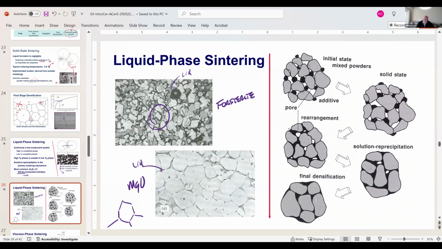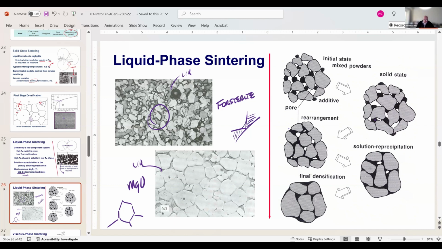So if you have a particle like this with, say, a point on it against another particle, okay, so this is my liquid here. I'll just draw it like this. Okay. This point will dissolve because of the pressure, and this will become curved.